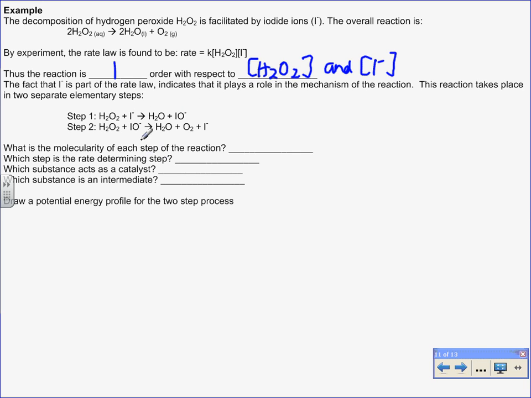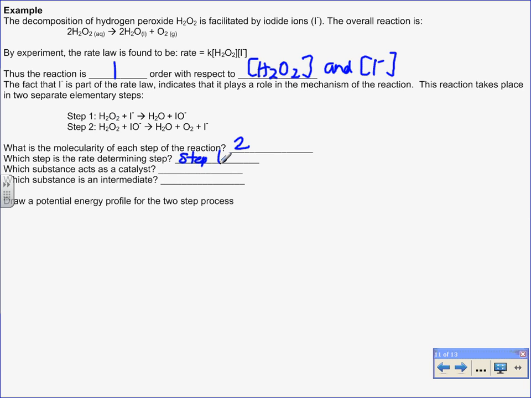The molecularity of each step of the reaction is 2. So that simply means that 2 molecules need to collide in each step of the mechanism. The step that's the rate determining step in the reaction is the one that's connected to the rate law. So it involves 1 molecule of H2O2 and an iodide ion, which is step 1 of the reaction.